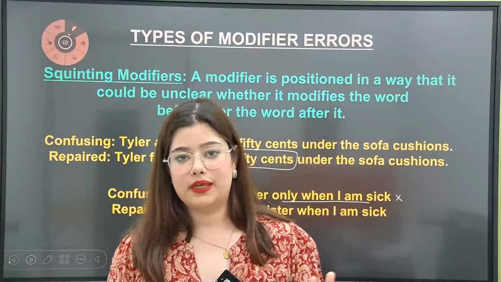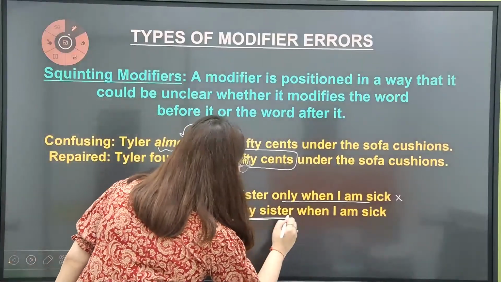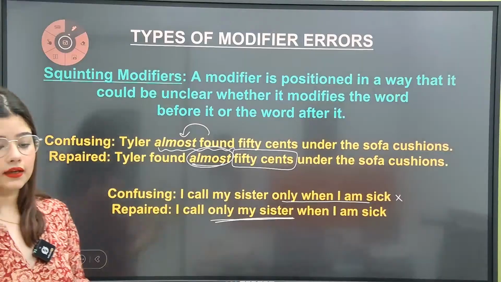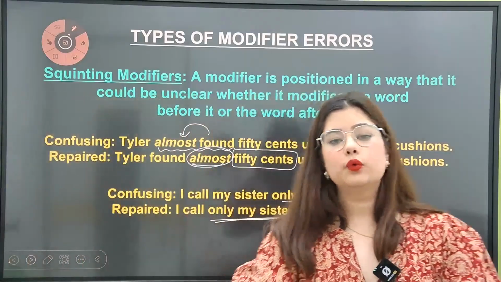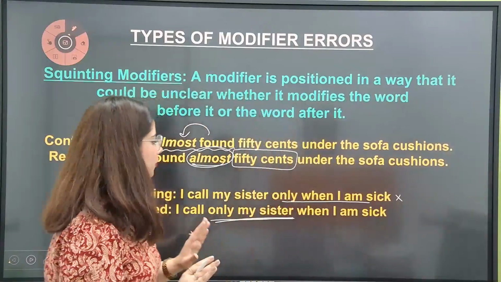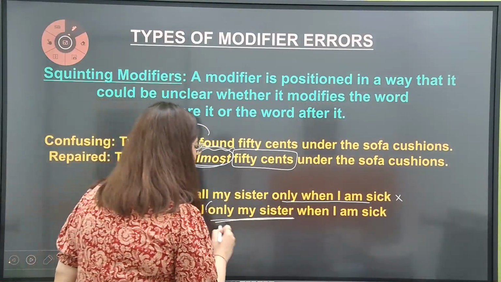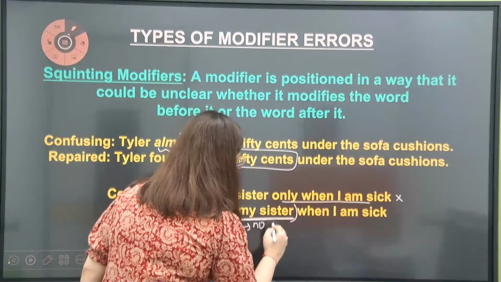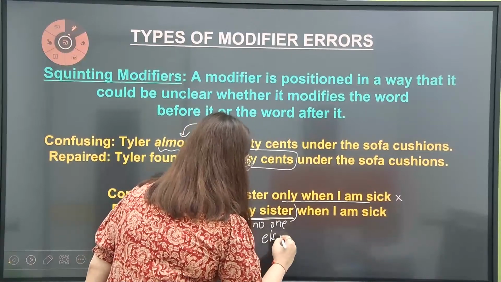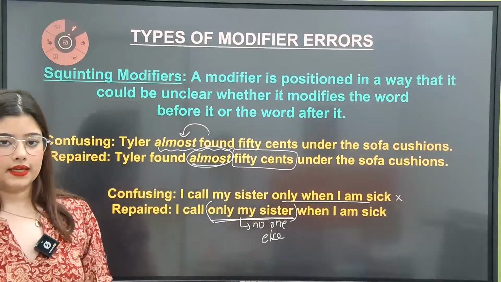I only call my sister, right? So I call only my sister when I am sick, right? I do not like to talk to anyone else. I prefer talking to my sister when I'm sick. So I call only my sister, no one else. I call only my sister when I'm sick.